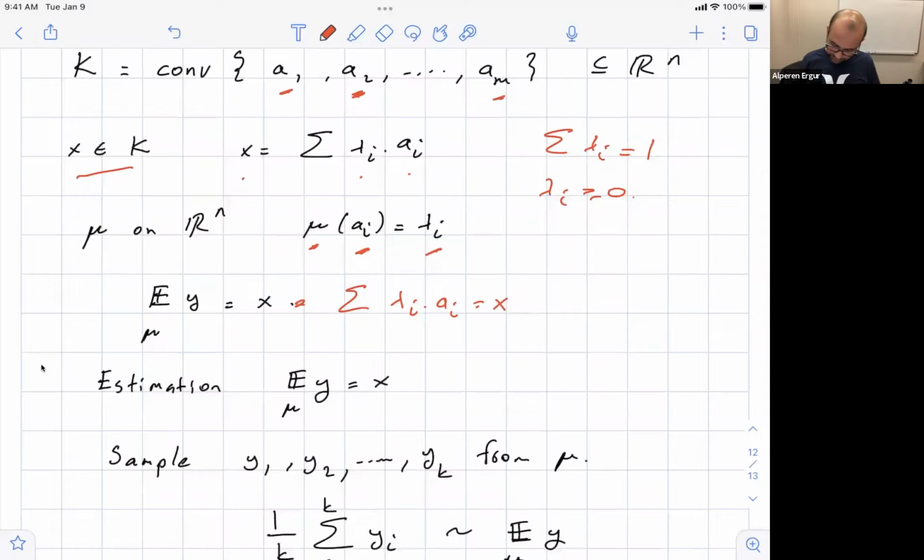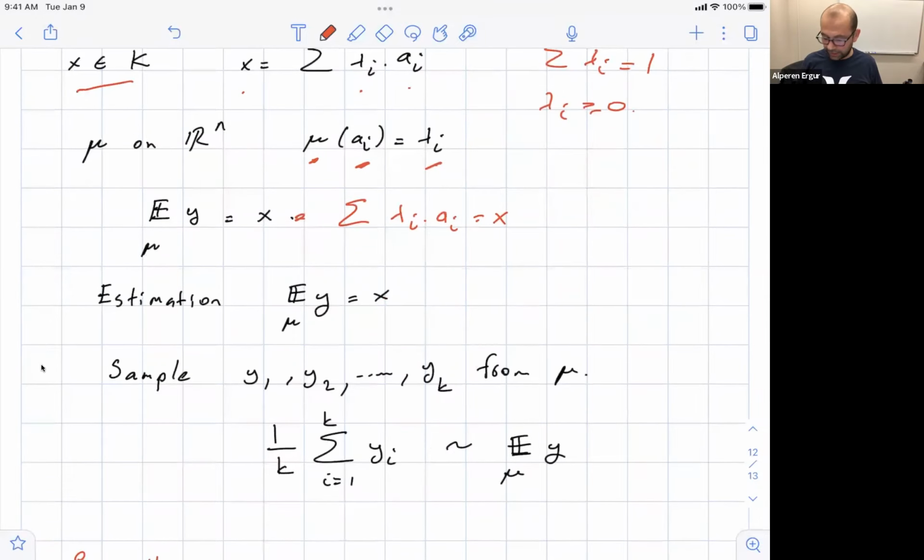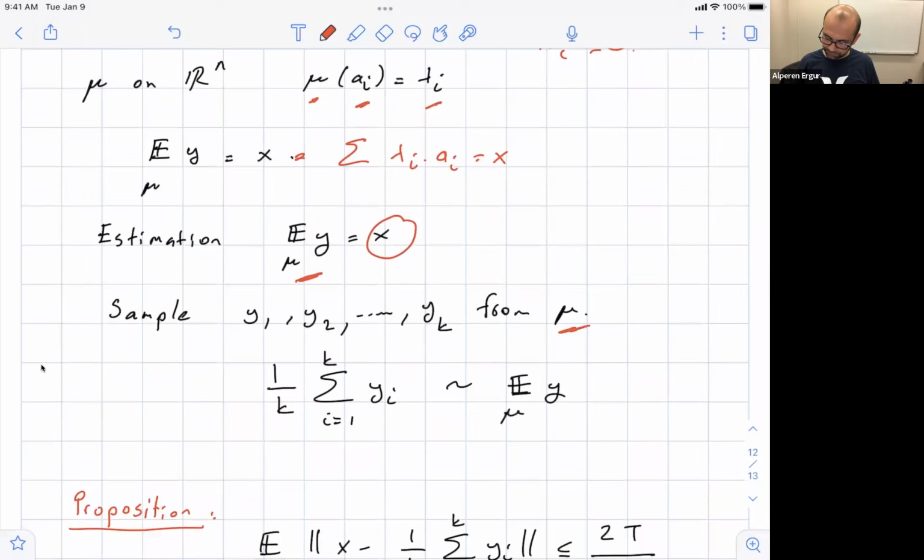Okay, now, in statistics, there's a whole bunch of ideas to estimate the expectation. The expectation is what you want by construction. Let's run the statistics idea, which is just sample from this measure, take the average.